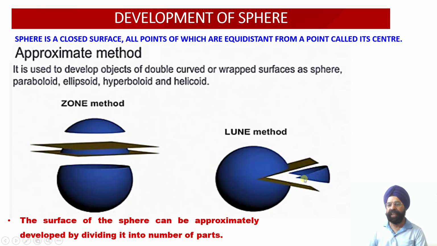If we are able to obtain the development of one of these lunes, it may be 1 out of 8, 1 out of 12, 1 out of 16 or 1 out of 24, we pick up only a single lune and obtain its development. Correspondingly, the development of the remaining n minus 1 lunes will be the same. So if we multiply the development of one lune with the number of segments, we get the total development corresponding to this particular sphere.